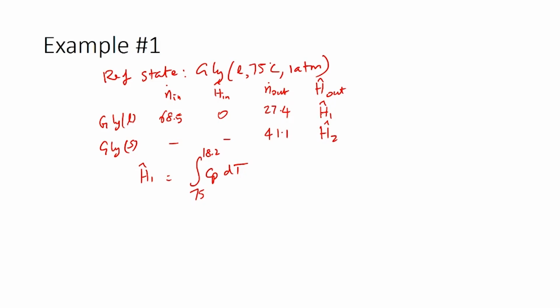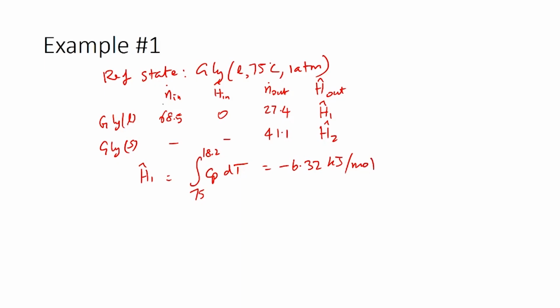Here H1 cap is basically liquid glycerol at 75 degrees Celsius and 1 atmosphere forming liquid glycerol at 18.2 degrees Celsius and 1 atmosphere. Because of this, the process is only a change in temperature, and phase and pressure are not changing, so it is only the integral of Cp dT, and we can calculate this as minus 6.32 kilojoules per mole.